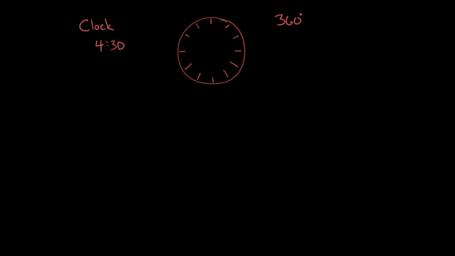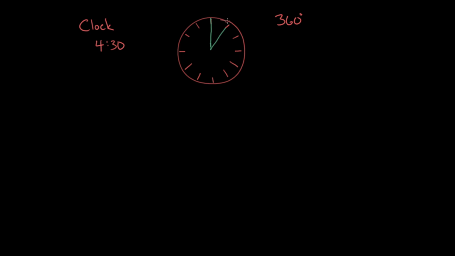Another important thing I should note is how many degrees are in between each of my numbers. For example, if it was exactly 1 o'clock, my minute hand is going towards the 12, and my hour hand is going towards the 1. What's the angle right there?